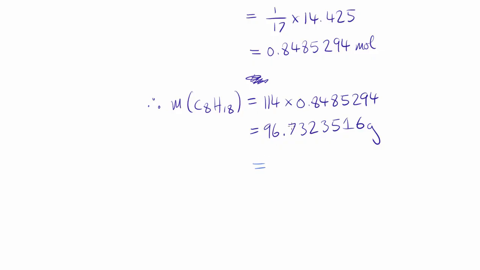In this case, you would want to round it. So that rounds to 96.73 grams to 2 decimal places. So in this particular case, our mass of the C₈H₁₈ would be 96.73 grams.